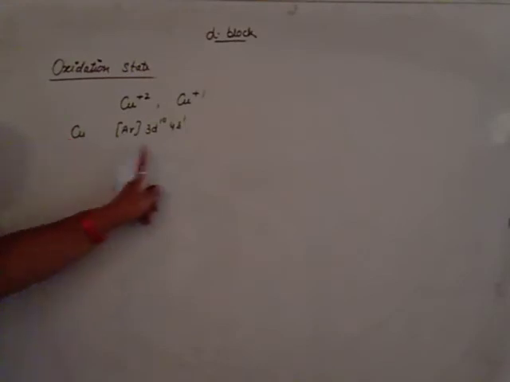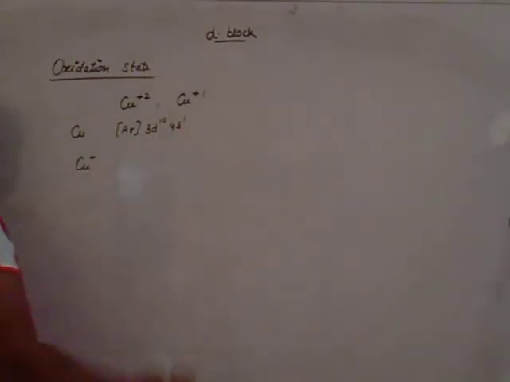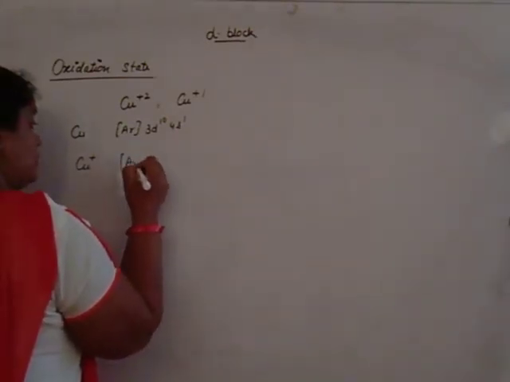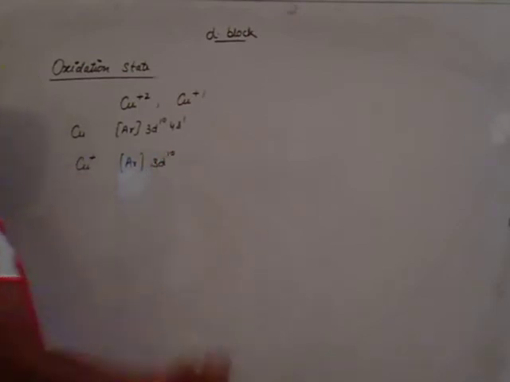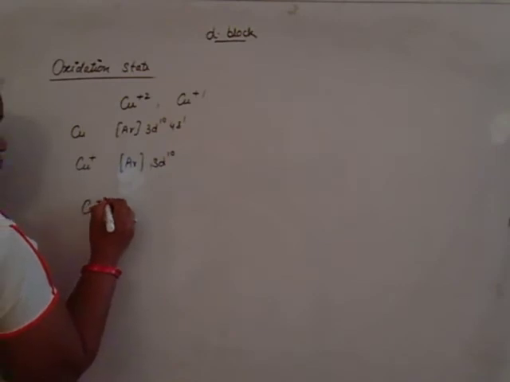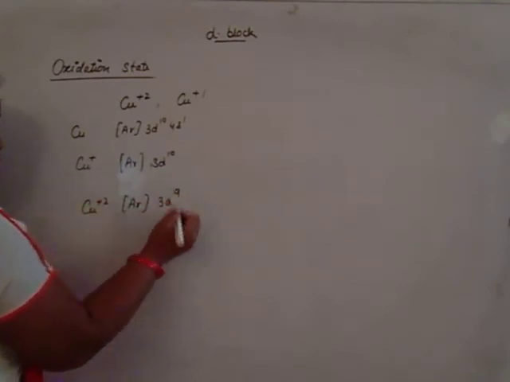If copper loses this outermost electron, it forms the +1 oxidation state, with a fully filled electronic configuration of the inner shell. Yet it also has the +2 oxidation state. In this case, it is 3d9.